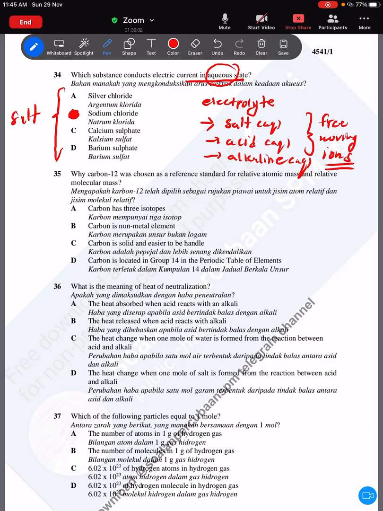Because it is most abundant, carbon 12, and it is in solid, and it reacts with the most of the element, stable and abundant, and also it reacts with the most of the element. Those are the reason why scientists choose carbon 12 over the other elements. Therefore, what is the answer? Pandai, that's the answer. See.